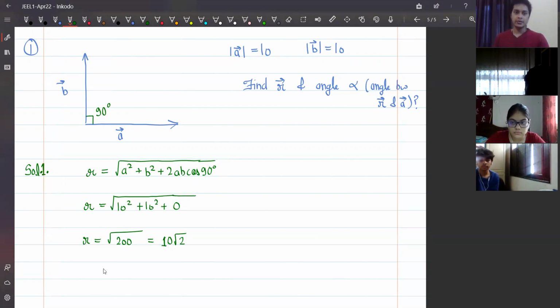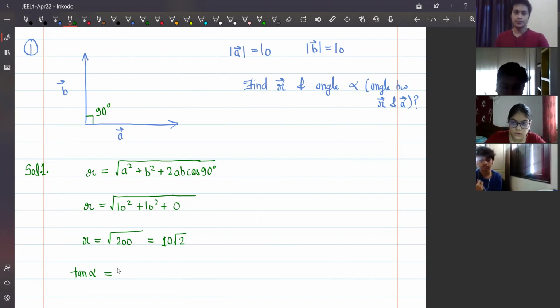Okay. And if we use the formula for tan alpha, my theta is given as 90 degree. So tell me from your formula, Kushag, what should I write in numerator here?